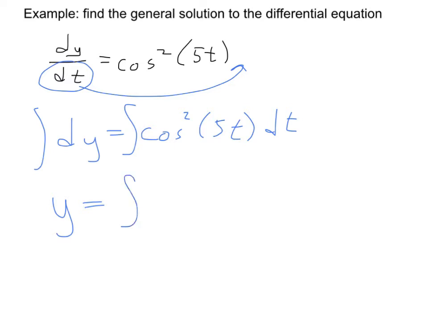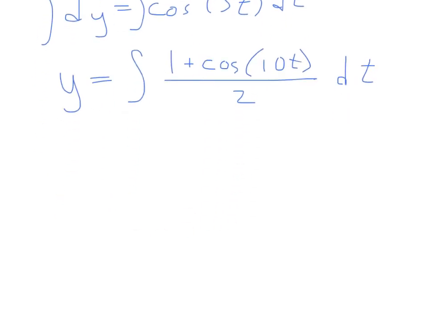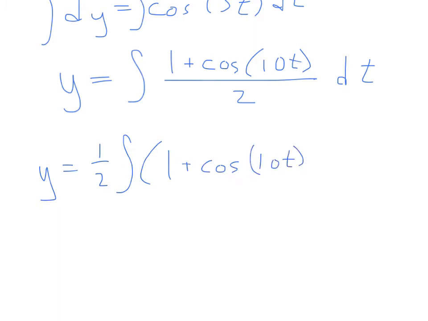So pause the video for a minute or two, work through that integral, and then check the answer. We will do this problem by transforming into 1 plus cosine of 10t over 2 dt. I'm going to take this constant of 2 and pull it out. This gives me y equals 1/2 the integral of 1 plus cosine of 10t dt.